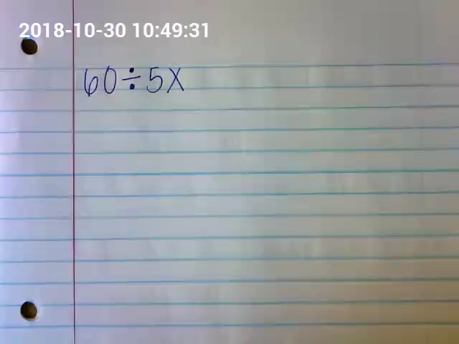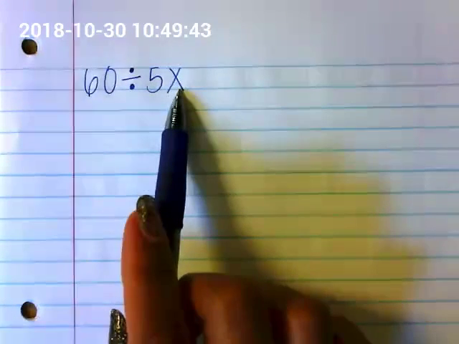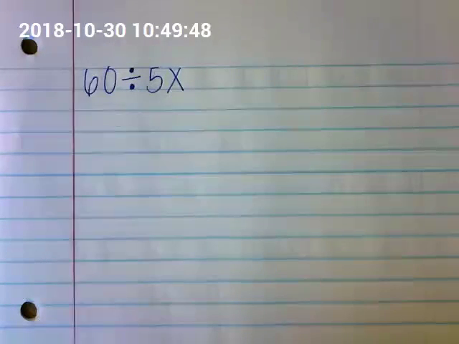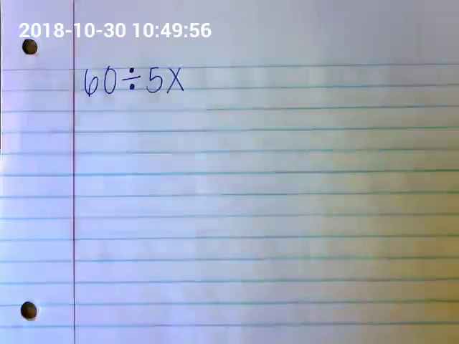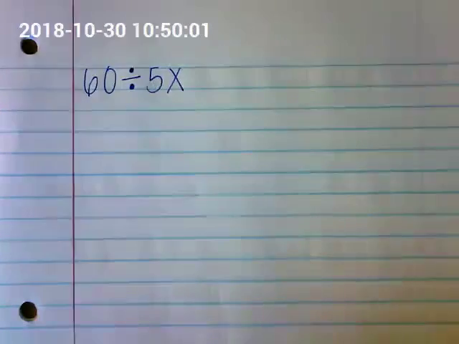Collage, what you got? I put the product of 5 and the number divided by 60. So is this 5x divided by 60 or 60 divided by 5x? So we would have to put, yeah. So we can't say the product of 5 and the number divided by 60, because then that flips around the problem. What's another way we can say it? Shania? 60 divided by 5 and the number.